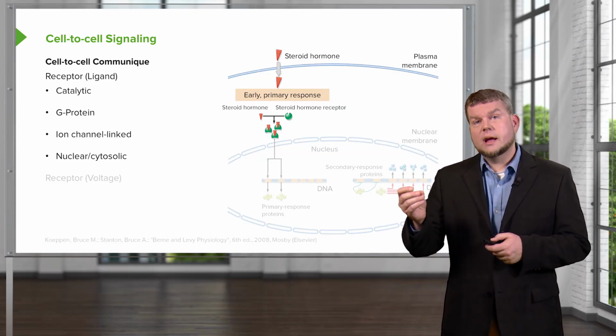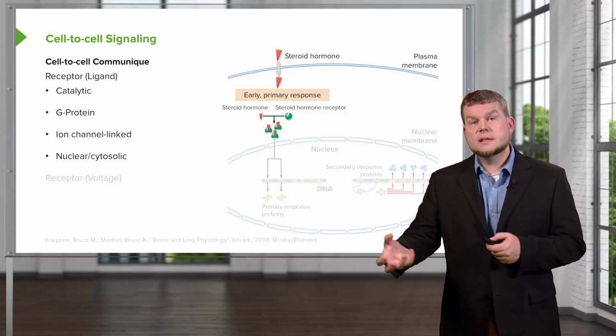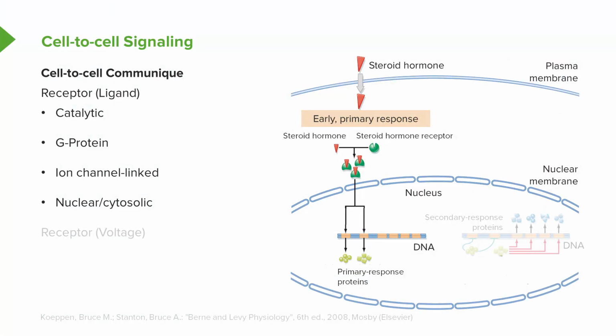But in this case, we have the steroid hormone binding to a cytosolic receptor. This is then translocated into the nucleus, and it will bind to a response element. You'll get an initial response in which you will then produce various proteins. And as you produce proteins, then you will have a response via a nuclear signal.